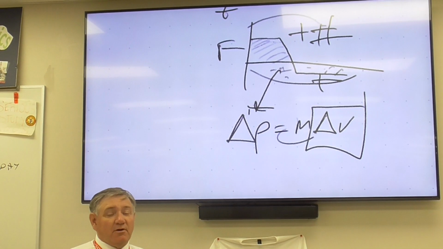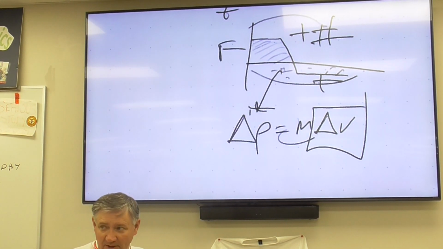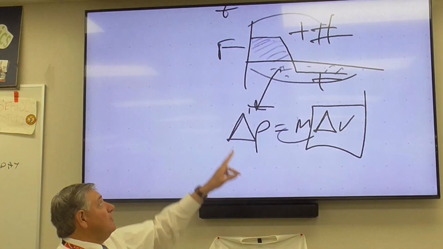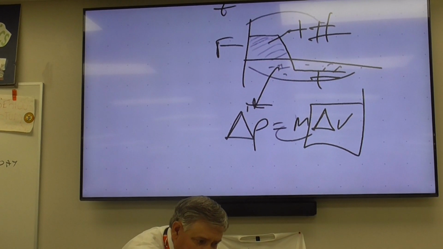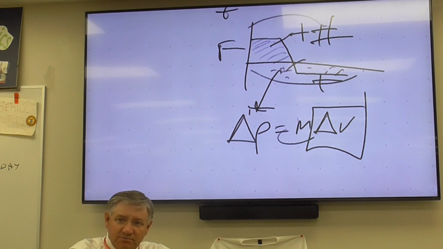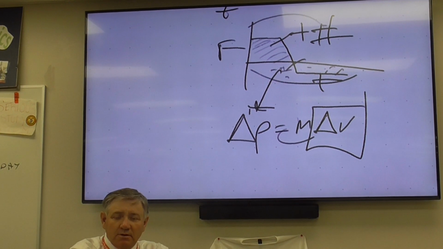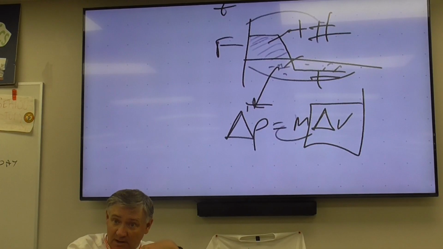Are you speeding up or slowing down? Going faster. Now, when that line begins to slope, what did you do? You decreased the amount of positive force. You took your foot off the gas, right?